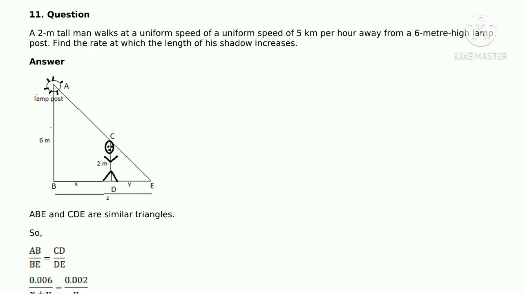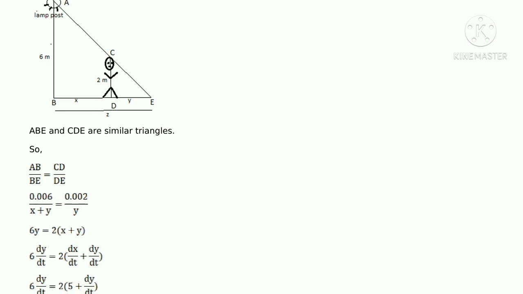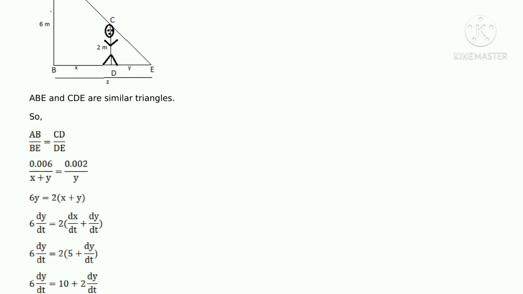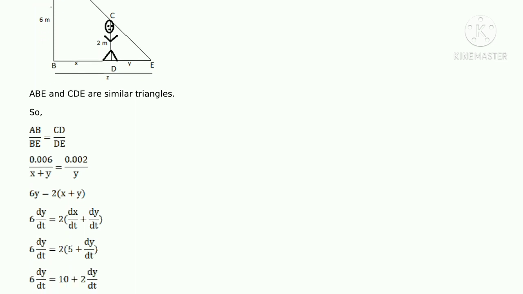So at first we have to write AB by CD is equal to BE by DE. Listen carefully: AB by CD equals BE by DE, and then if we cross multiply BE and CD, we get this result, and then according to the condition we put these values.